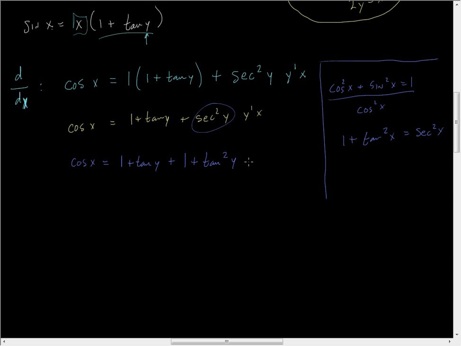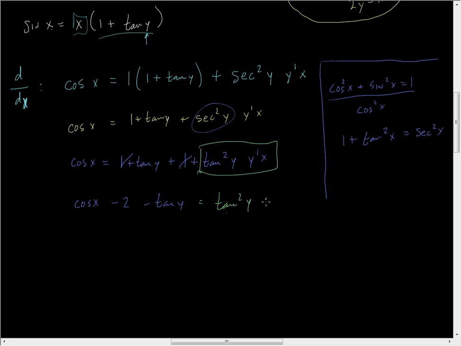Okay, so now I can work this a little nicer here. So I'm going to subtract all this stuff over. So I get cosine of x minus 2, that takes care of my ones, minus tangent y is equal to, brain fart. We can move that stuff, but we can't move the tangent y, because we've got multiplication happening, so equals tangent squared y times y prime x.